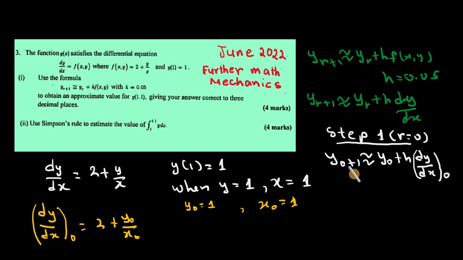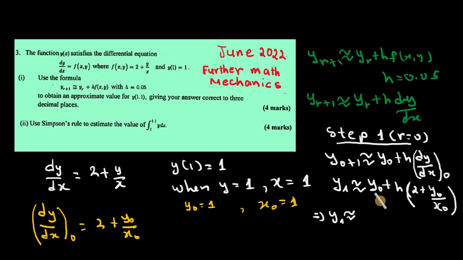naught. 0 plus 1 is the same as 1, so y naught plus 1 is y1. It's approximately equal to y naught plus h into 2 plus y naught all over x naught. Since dy/dx naught is 2 plus y naught all over x naught, that means y1 is approximately equal to y naught, which is 1, plus 0.05 times 2 plus y naught, which is 1, all over x naught, which is also 1.